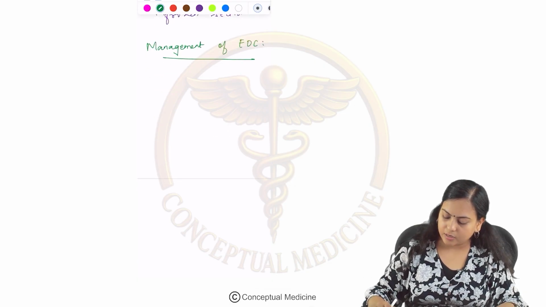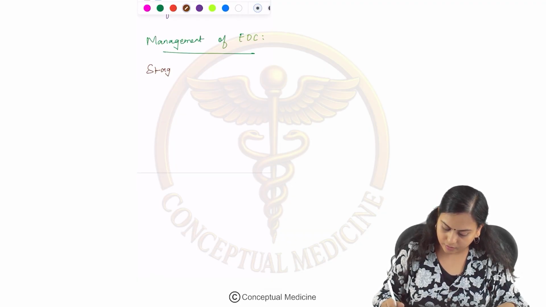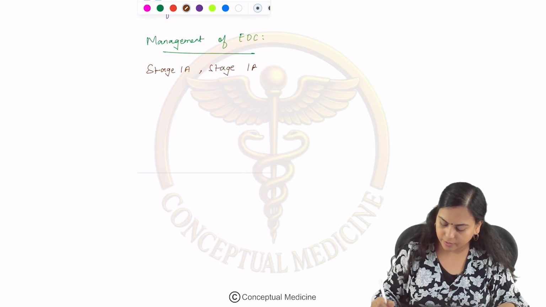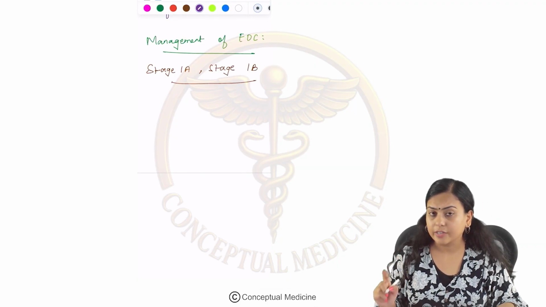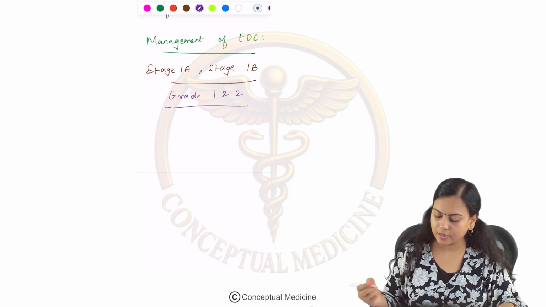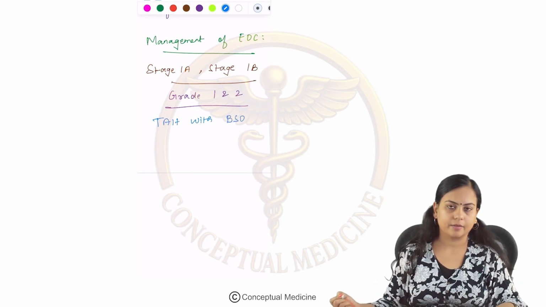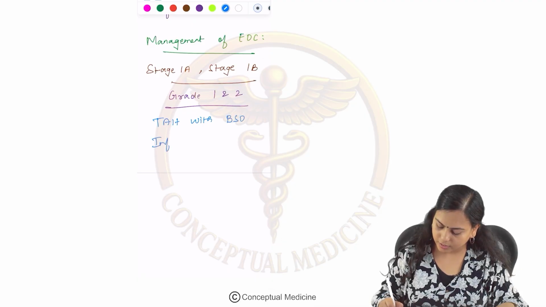So, now for stage 1A and 1B, and when they are of grades 1 and 2, we usually offer total abdominal hysterectomy with bilateral salpingo-oophorectomy along with infracolic omentectomy.